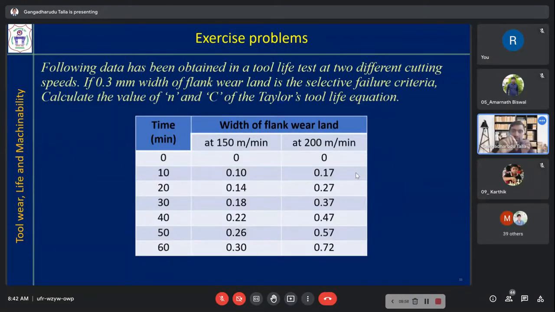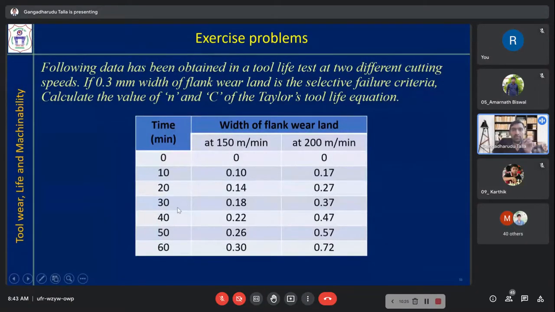So at 0 time, there is no flank wear. It is obvious. After 10 minutes, if you are using 150 meter per minute, it is 0.1. If you are using 200 meter per minute, it is 0.17. Similarly, if you are using 20 minutes, it is 0.14 and 0.27, etc.